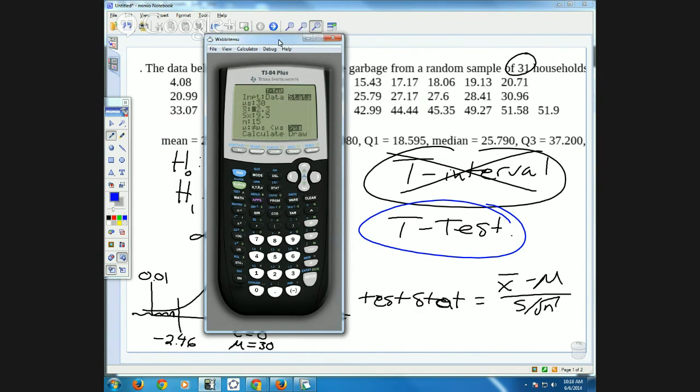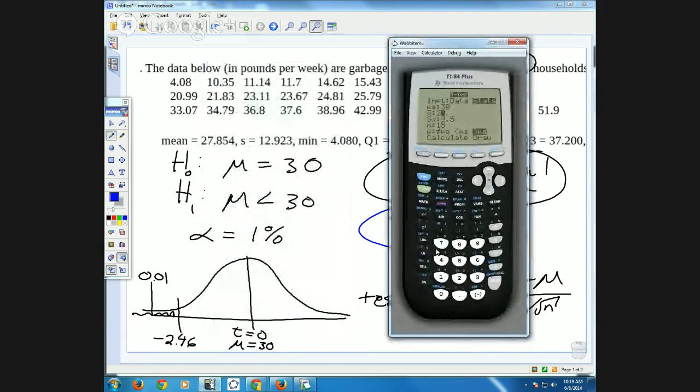Let's slide over to get that. 27.854-ish. Now, if you were to plug in these numbers to your calculator, you'd hit what to get all this data? One variable stats, correct. And would you be picking the sigma or the S for the standard deviation? The S, yeah. Most of the time we're going to pick S because we're running samples.